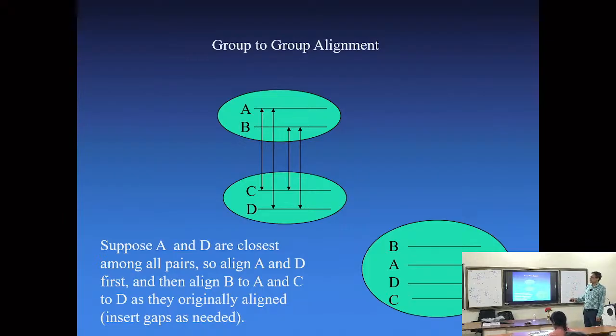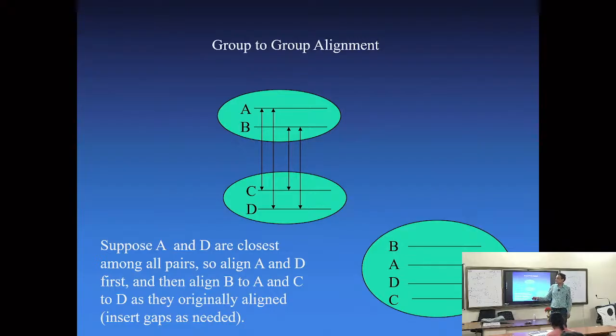So A is aligned to D, and we know how B is aligned to A. So I will bring B and align it to A, making sure that they are aligned as originally aligned. Residues should be aligned in that order. Insert gaps as needed, and then you will bring C, aligning with D as originally aligned.